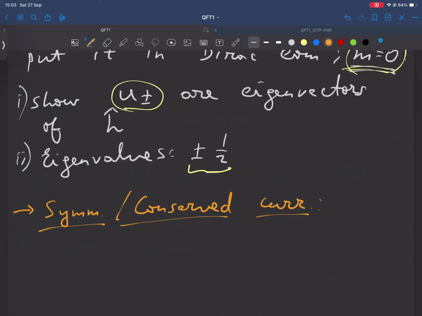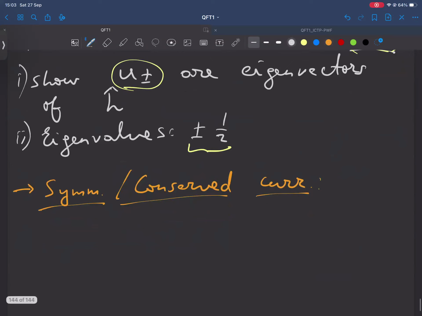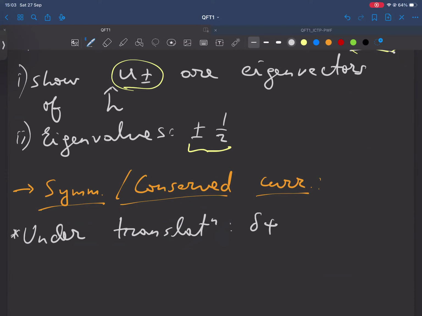So for that, note that under translation, just like in Noether's procedure, the spinor transforms like this, where epsilon is the translation parameter. You can then write down the stress tensor using exactly Noether's procedure as this quantity.